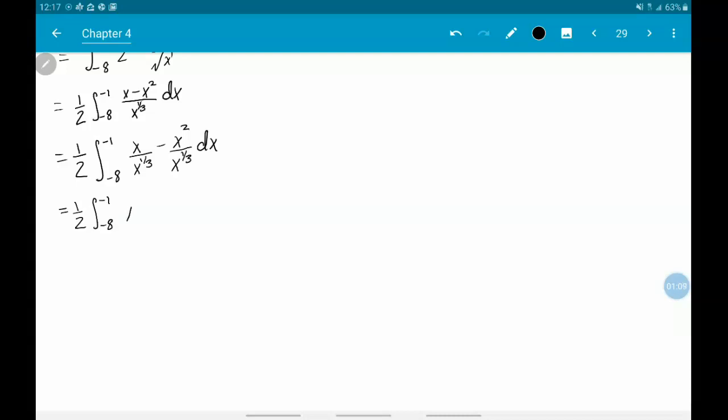So this becomes an x to the 2/3. Remember, when you divide and you have the same base, you subtract exponents. And then here, this is going to be an x to the 5/3.